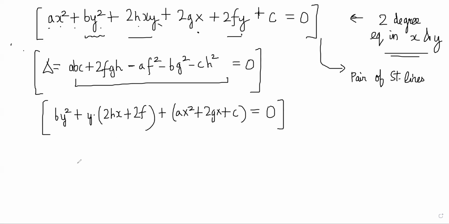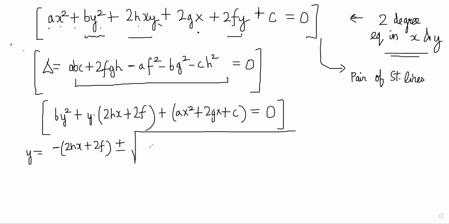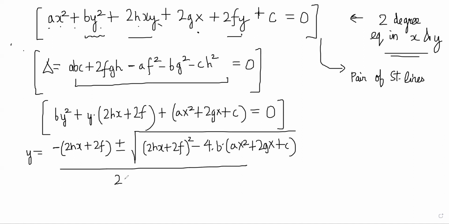I can solve it by the formula and say y is equal to minus of 2hx plus 2f plus minus root over 2hx plus 2f whole square minus 4 times b times the constant term ax square plus 2gx plus c, divided by 2b.